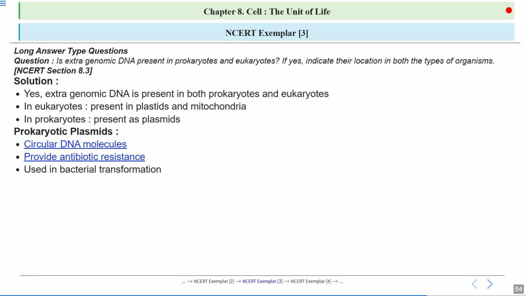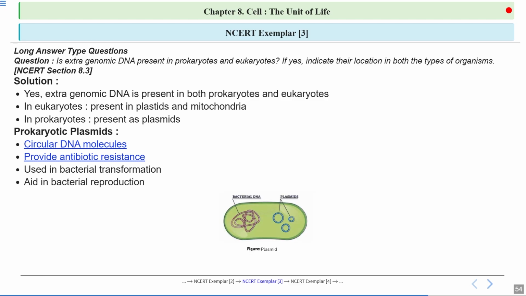Then this recombinant DNA is transferred into the host cell, such as bacteria. This is known as transformation. Plasmids also help in bacterial reproduction as well.